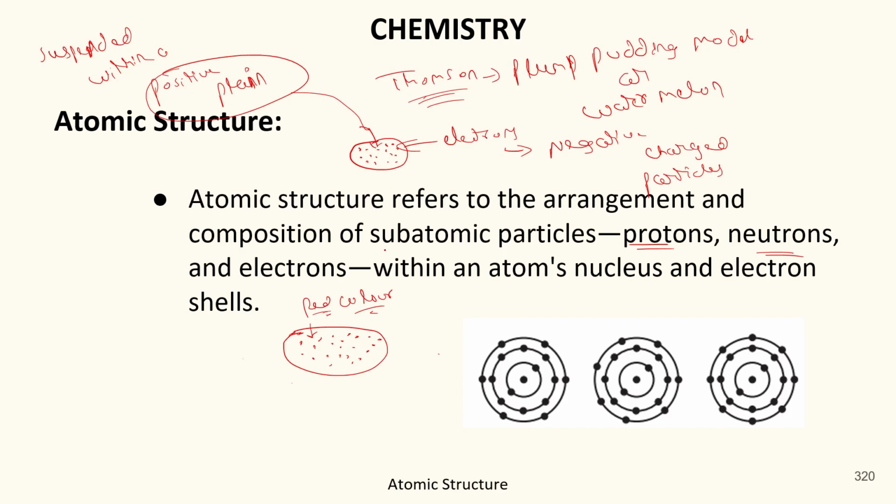So if you compare the watermelon to this atomic structure, the seeds are equivalent to the suspended particles, and the red part of the watermelon is the same as the positive plane. That's why it is called the plum pudding model.